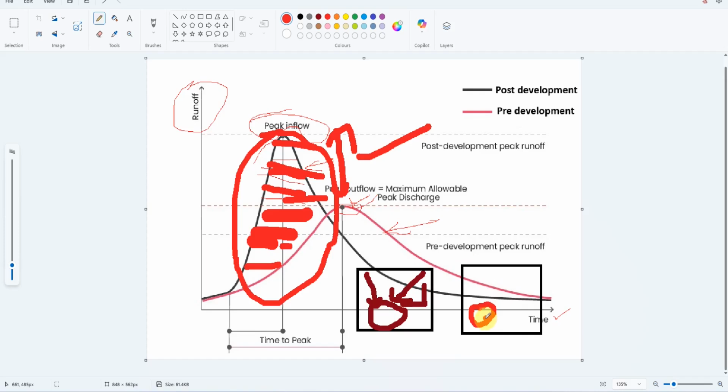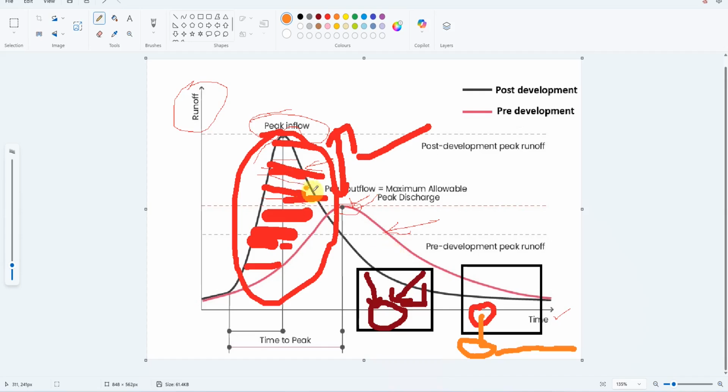The surplus runoff will be connected to the external drainage system, maybe the city drainage system, which is already there some distance apart from the site. So this will be the public storm drainage system, and I will connect the surplus runoff with the help of some orifice or detention pipe to it.